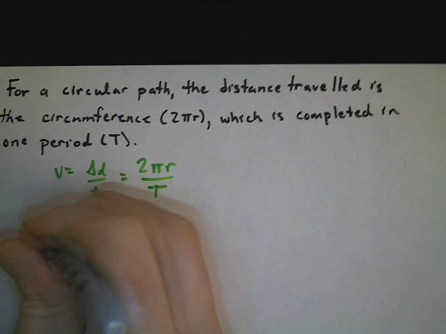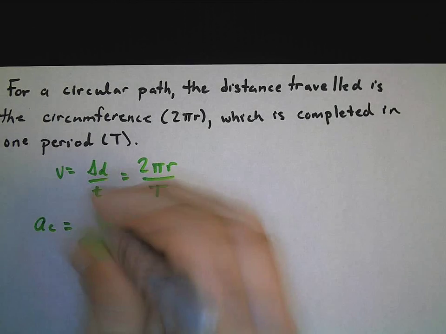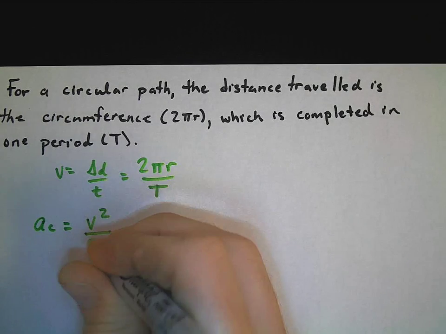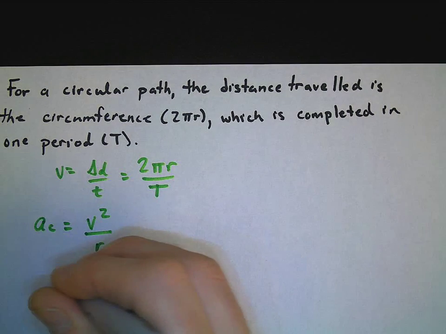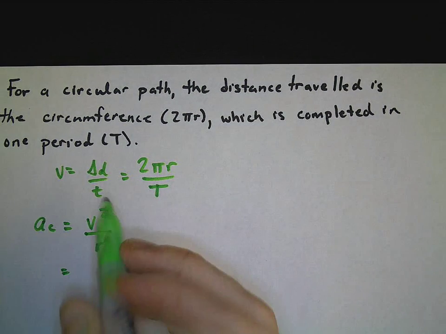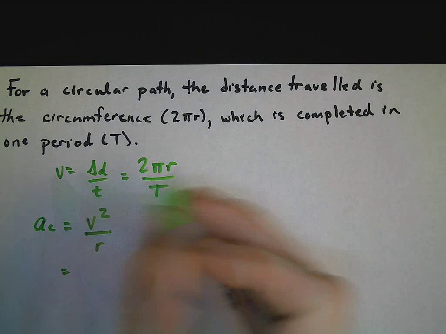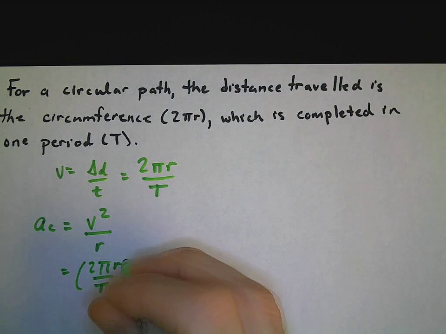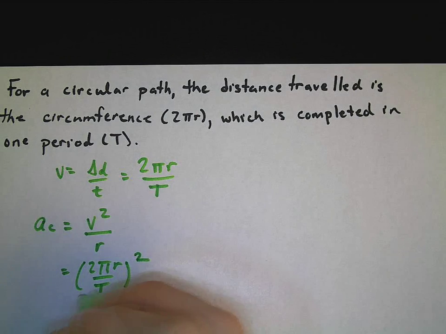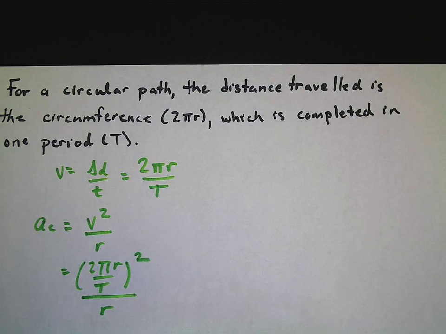Well, what does that do with centripetal acceleration, which is v squared over r? Let's substitute v in. That would give us 2 pi r over t, all squared, and all of that's over r.